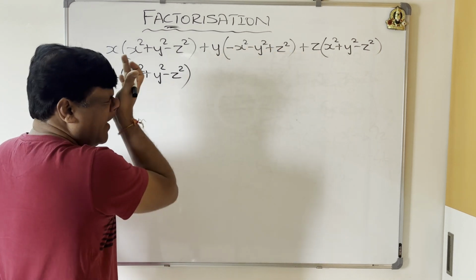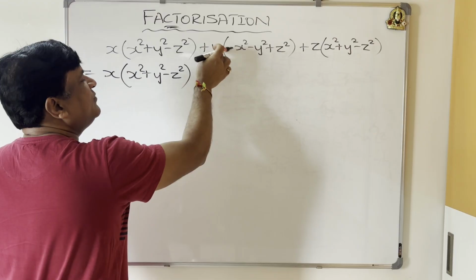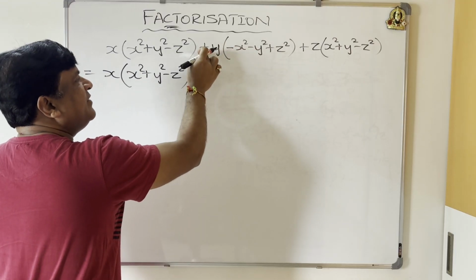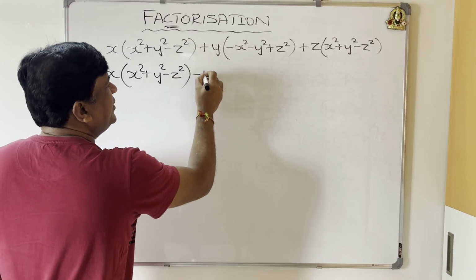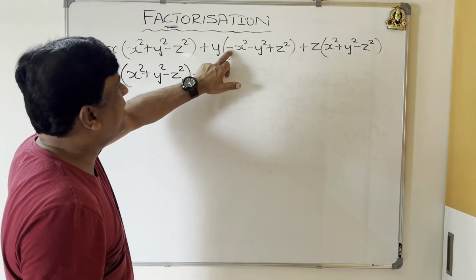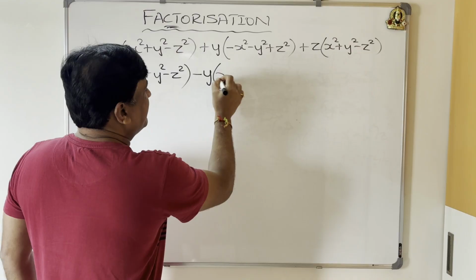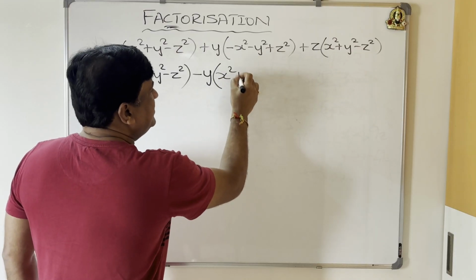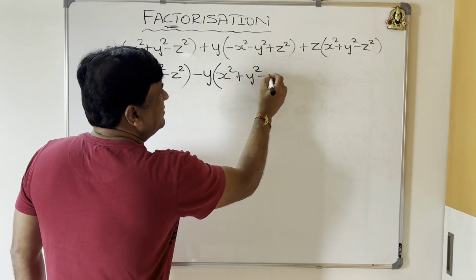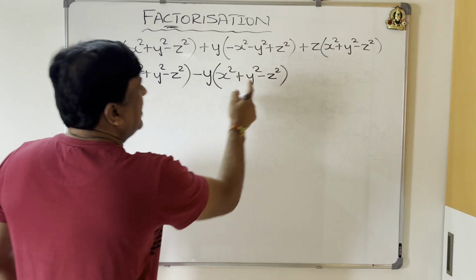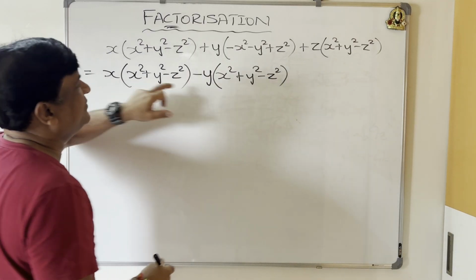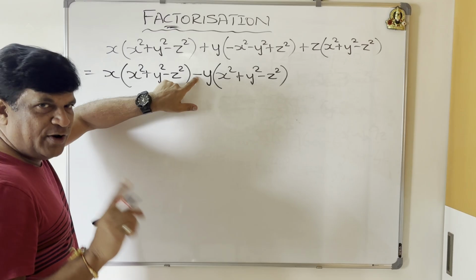I'll take minus outside. If it comes outside, minus times plus will give you minus over here. And what will this become? Whatever you have over here will be reversed. It will become x square, it will become a plus, this will become a plus and this will become a minus. Look at it. I just changed it and made it similar to this one by a simple operation.